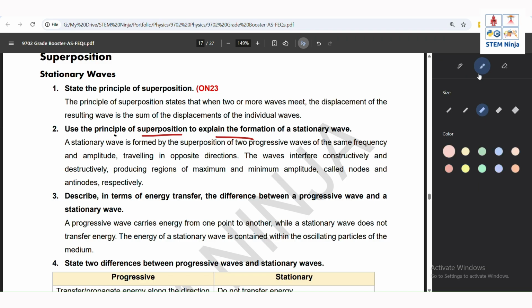So if you notice over here, we have a stationary wave is formed by the superposition of two progressive waves of same frequency and amplitude traveling in opposite directions. They interfere constructively and destructively, producing regions of maximum and minimum amplitudes called antinodes and nodes, respectively. So that's all there is to it. So that's all we have to write.